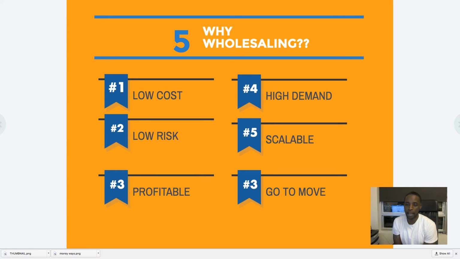So high demand just because there's a low inventory. It's a little bit of a seller's market now. It's 2016 right now. A little bit of a seller's market, at least over here in the Northwest in Seattle, Washington, and every deal is key, for someone. And then scalable. You can scale this.